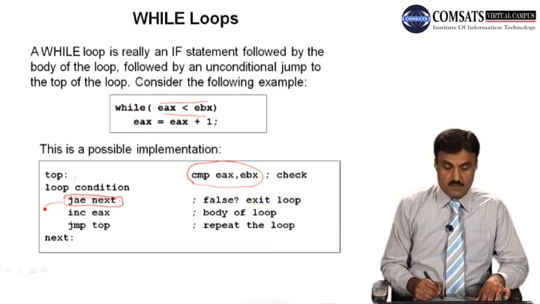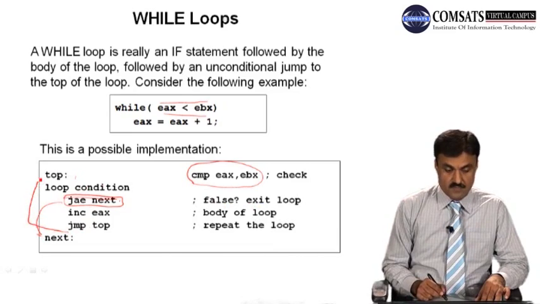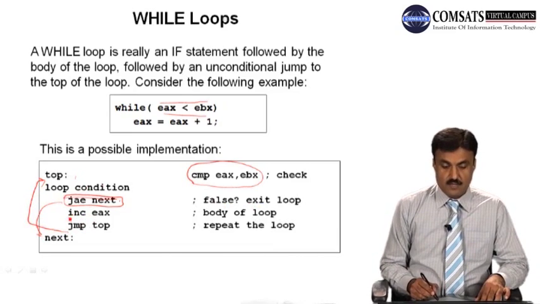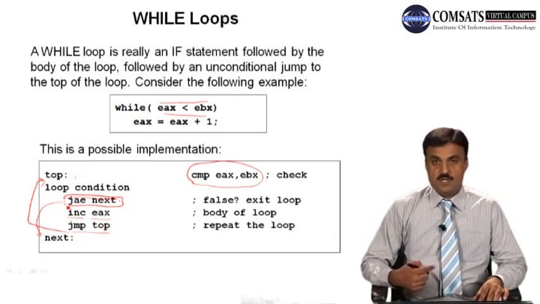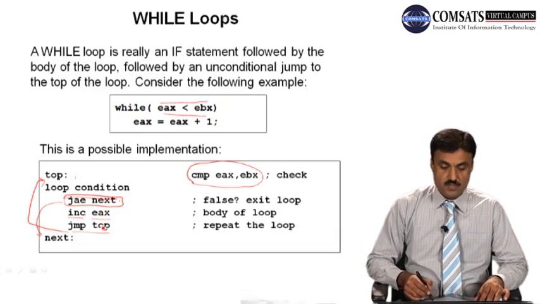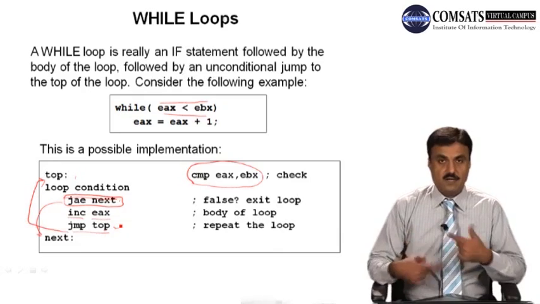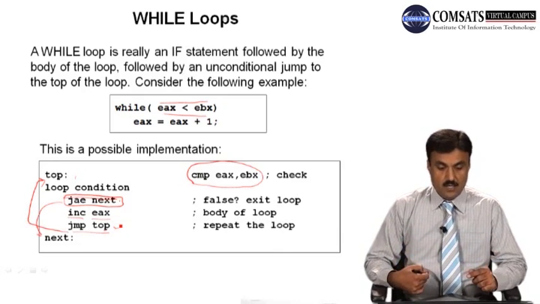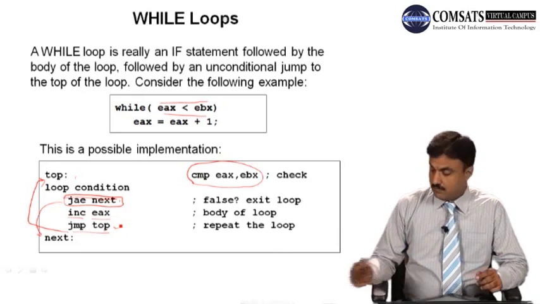So next is the exit from the loop. Our loop is from here to here. What we do is increment EAX and jump to the top. This is an unconditional jump. We just define the condition to exit from the loop. Otherwise, there is an unconditional jump to the top, so it will again and again jump towards the top of the loop, and so on.